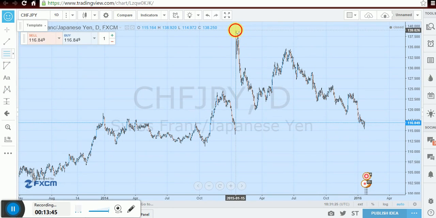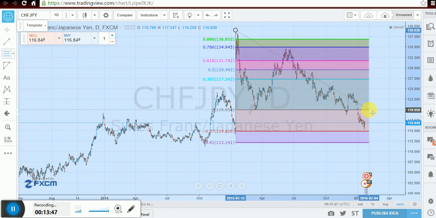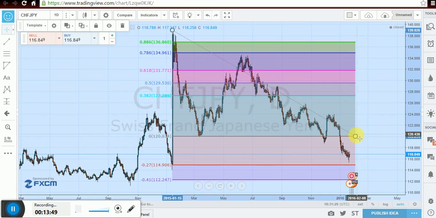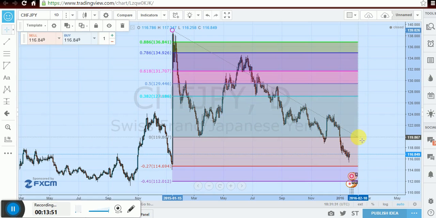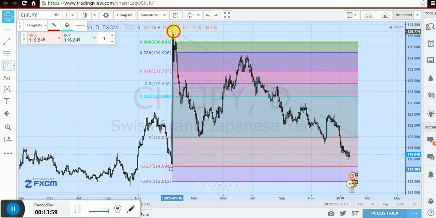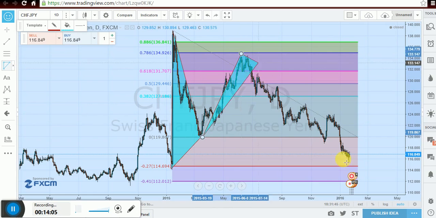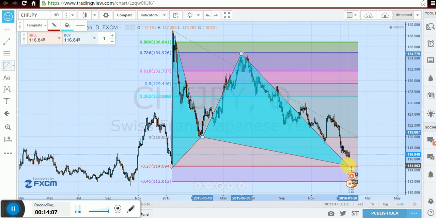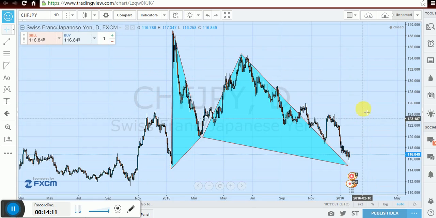So A to B leg, we're looking at a 127 extension. So there it is. It's actually going to be a very good Gartley pattern with a very low risk to reward ratio. So if we get more downside movement, it's going to be a very good trade to look forward to.